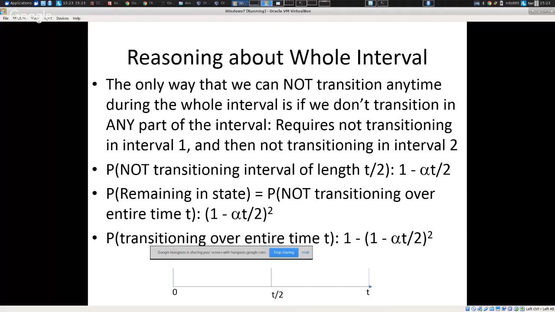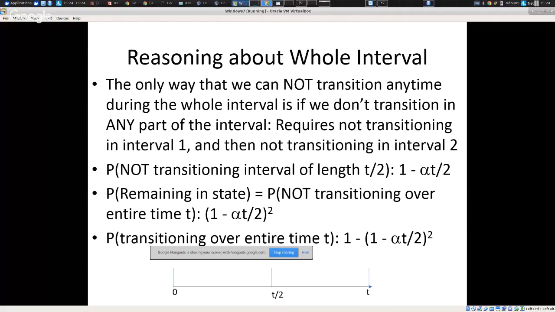What else changes? Yeah, it's t over 3, because each time I'm dodging over a smaller interval. It's actually easier to dodge it. I don't have to duck quite as much. So it would be 1 minus alpha t over 3 to the 3rd power.